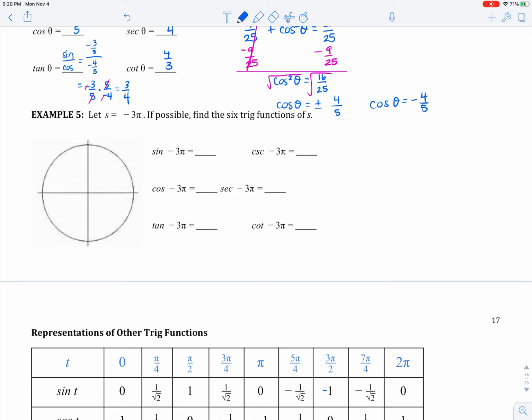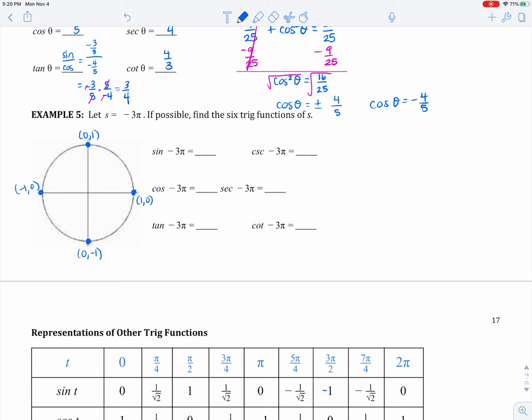So that means that we're looking at one of these 4 terminal points. Using the unit circle, the coordinates of these points are (1, 0), (0, 1), (negative 1, 0), and (0, negative 1).